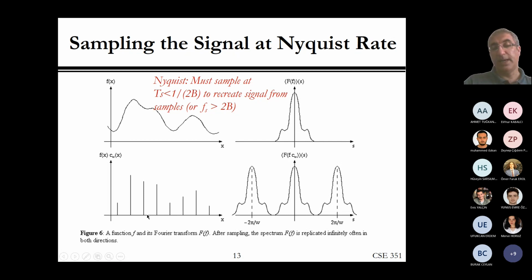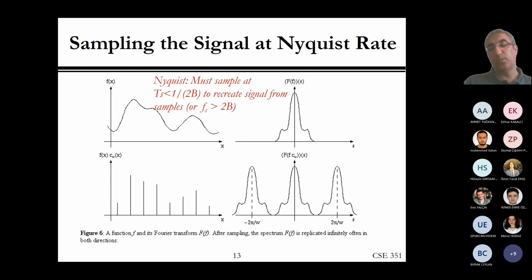That's what's happening in time. But in the frequency domain, as we said, multiplication with the pulse train means convolution of this signal, this shape, with the pulse train. So you replicate, you copy this signal every Ts.